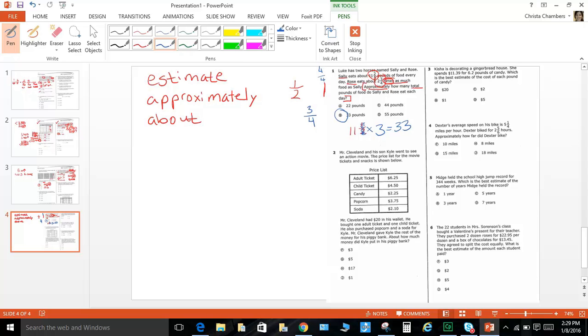Let's look at number 5. So number 5 says, Midge held the high school high jump record for 344 weeks. Which is the best estimate of the number of years Midge held the record? Okay, so I've got weeks and I've got years. So I have to change these weeks to years. So take a look on your math chart and let's see how many weeks are in a year.